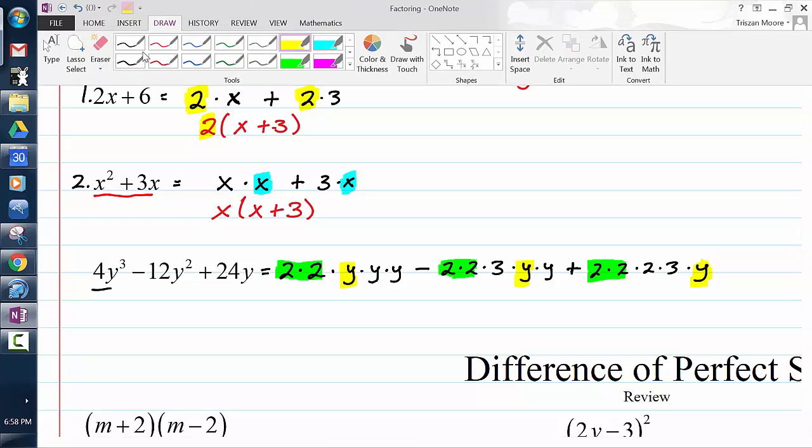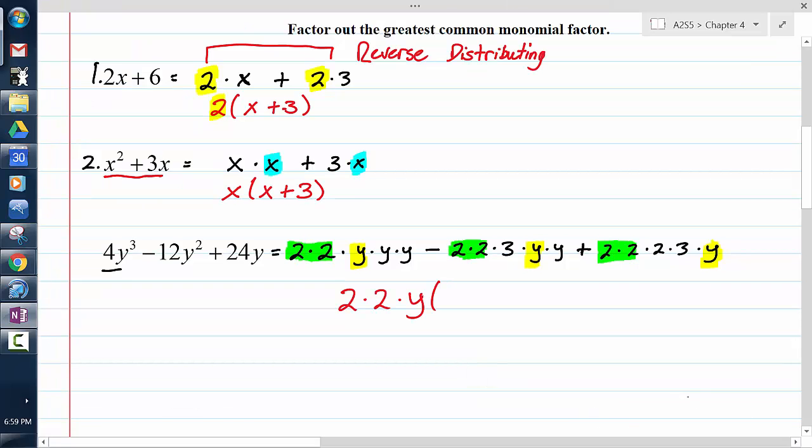So we can take all of those and reverse distribute them outside of the parentheses we're going to make. Okay, I took them all out, and now we just have to notate what we have left. We have a y times y left. We have a minus, we have a 3 times y left.